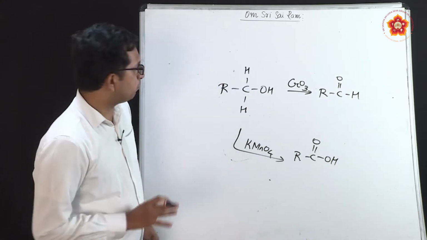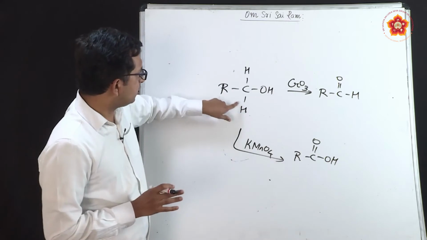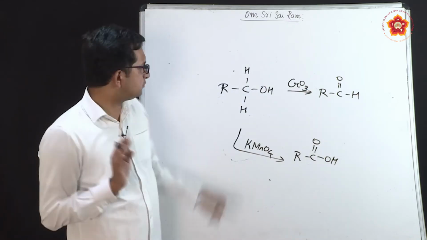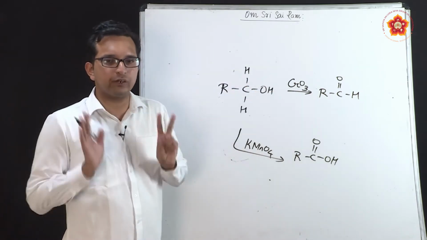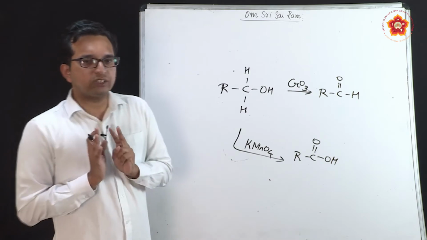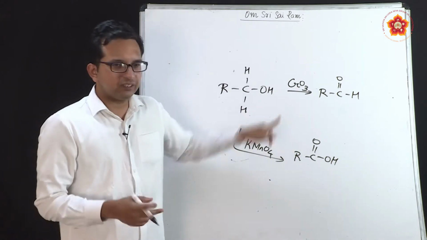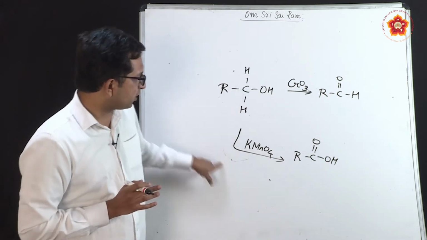Why is this so? Because in this conversion, you can see the difference that from this compound to this compound, two hydrogen atoms are removed. Just check the number of hydrogen atoms on both sides and you will realize that two hydrogen atoms are removed. So, what is oxidation? Either you add oxygen or remove hydrogen. Here it has done just one work, removal of hydrogen, but see this part of the reaction.